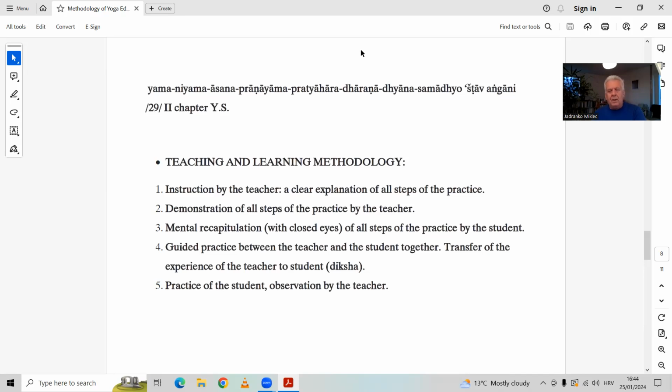Then after that, the student practices on his own. So without any speaking, now the student needs to do the practice on his own.